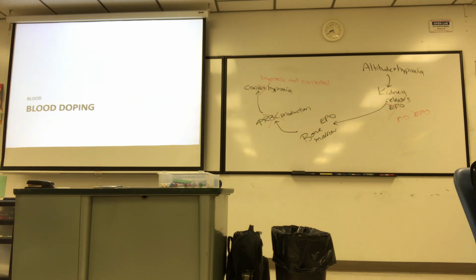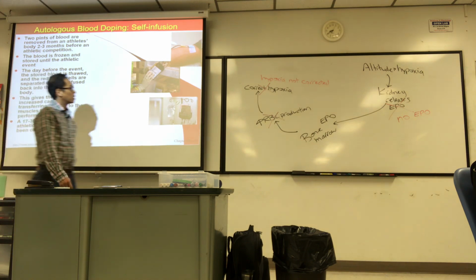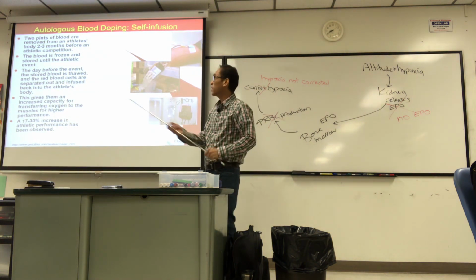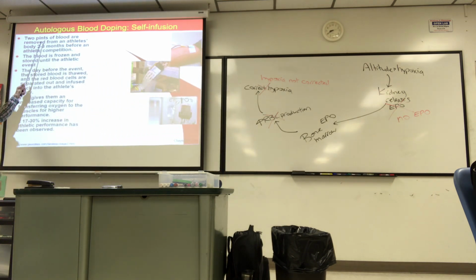Well, there's something called blood doping, which is illegal, commonly done by athletes. Cyclists are the most notorious. Anyways, I thought I'd mention it. I've heard about it enough that you should be aware of what it is. Autologous blood doping is save your own blood, give it to yourself later before your athletic event, marathon, triathlon, Tour de France, whatever it is.